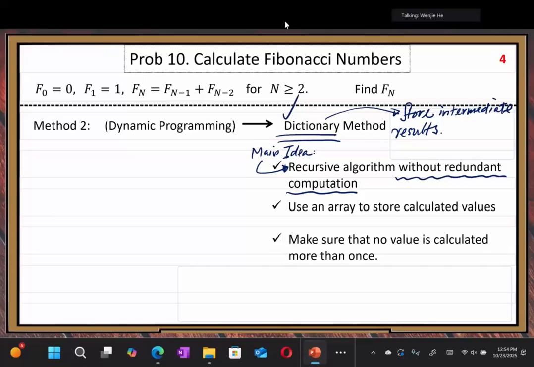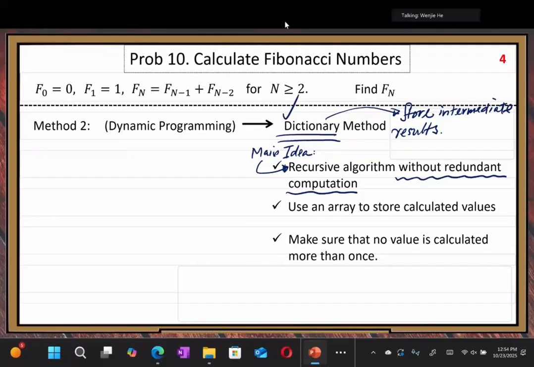We want to organize our data so that we can look up the data items in our data storage very fast. Very fast, okay?